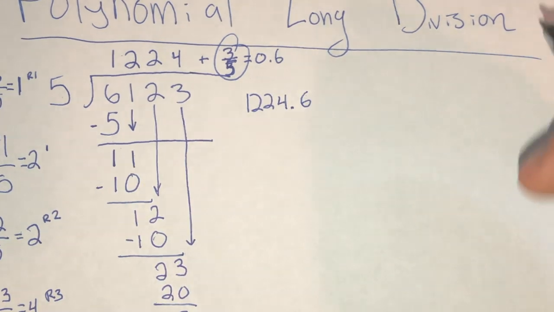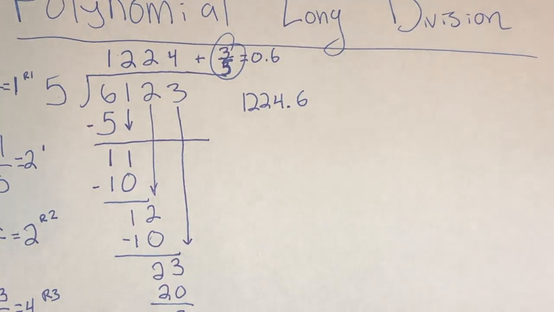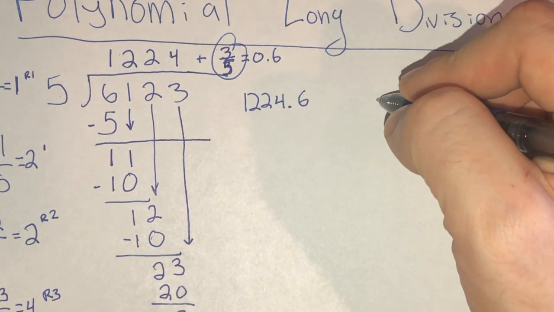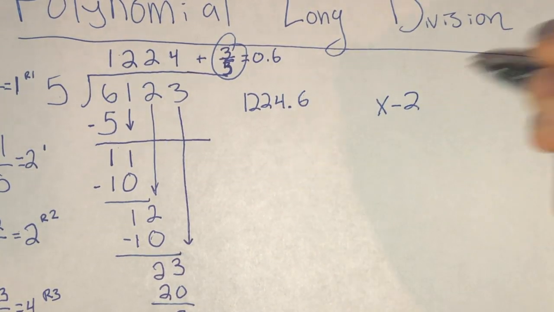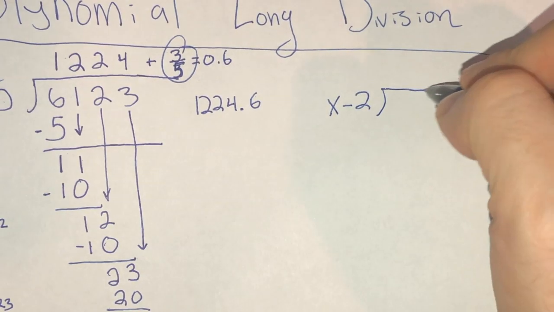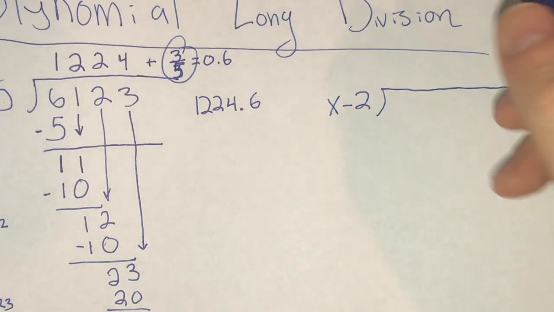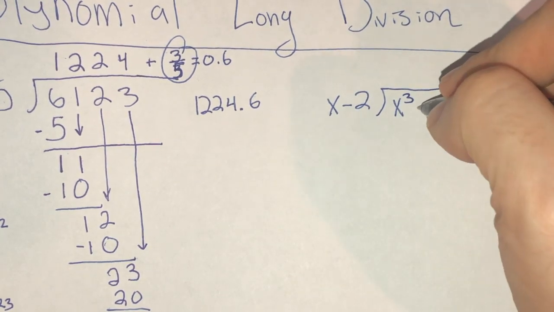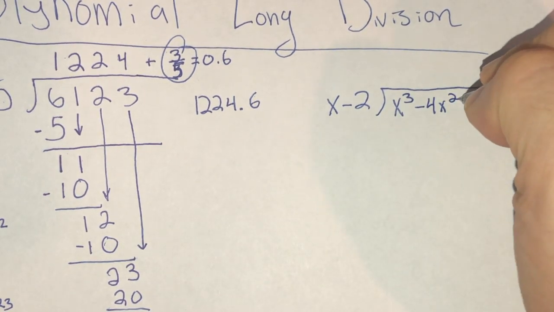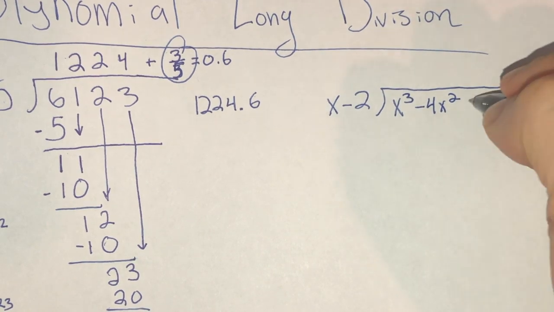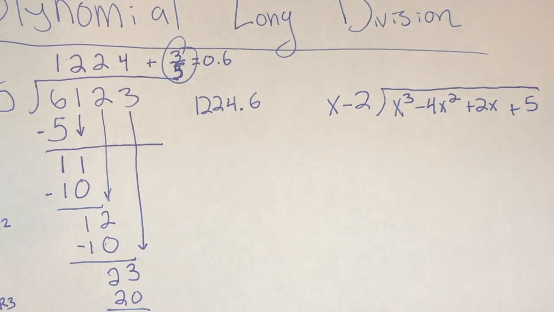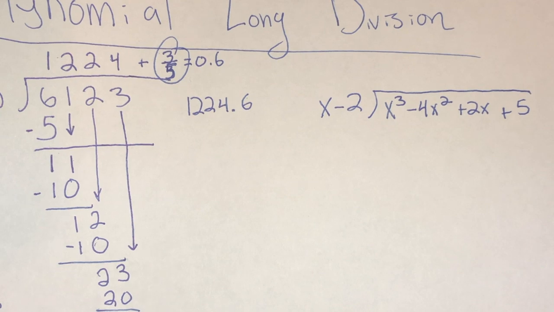Now I'm going to show you what happens if I do the x minus 2 into this guy right here, x cubed minus 4x squared plus 2x plus 5.